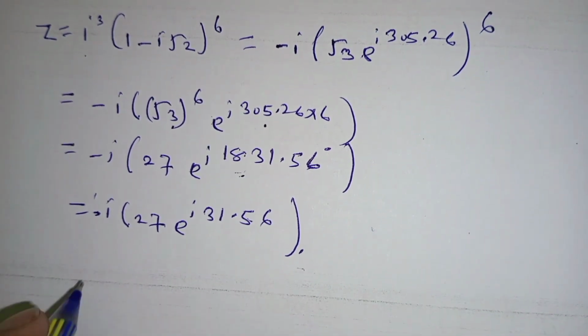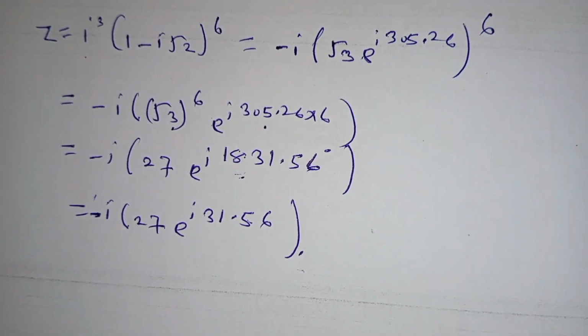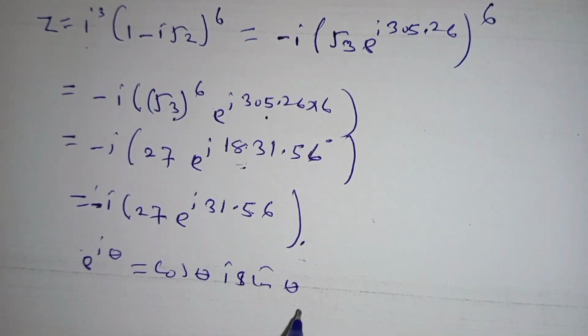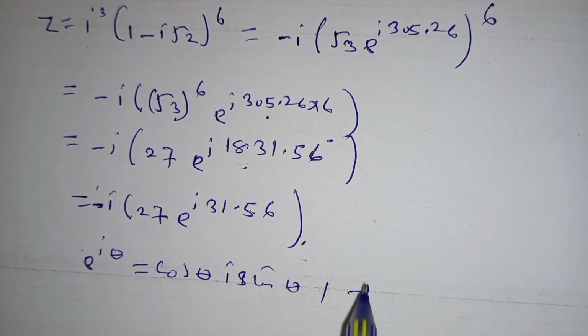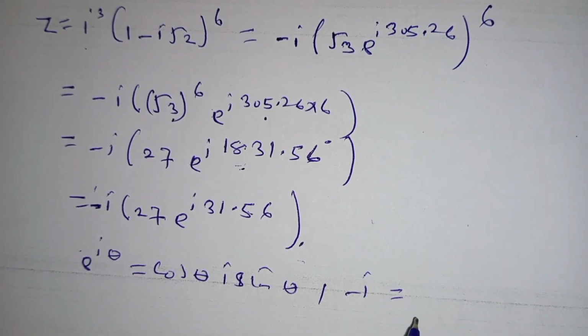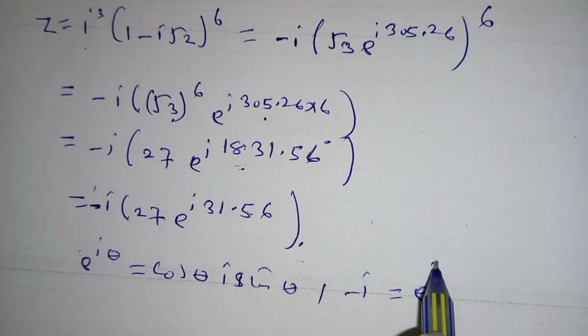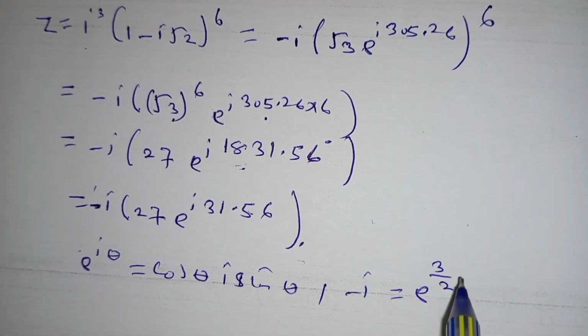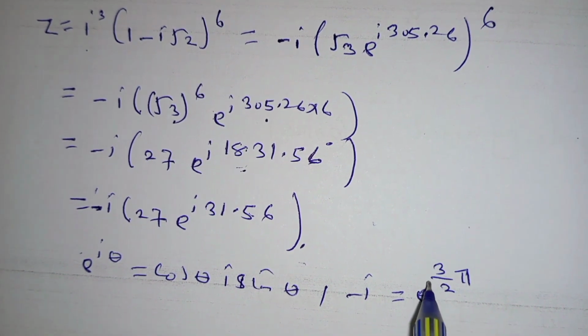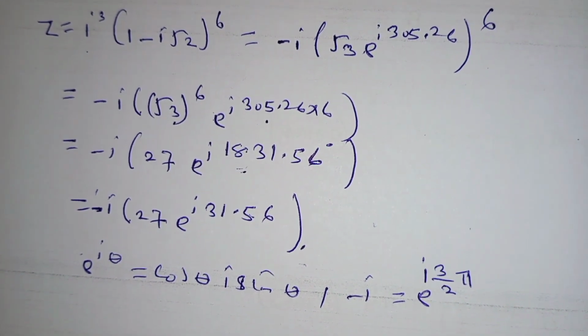Then from there, this is negative i. We make use of Euler's formula, which tells us that negative i is the same as e to the power i 3 over 2 pi.